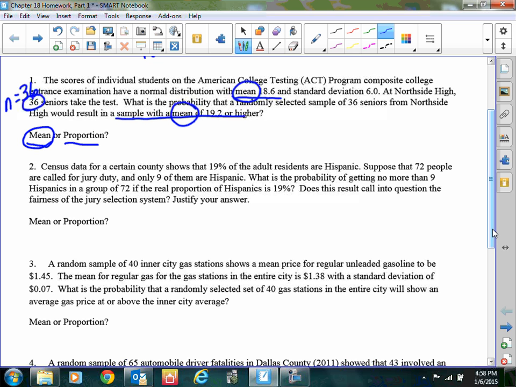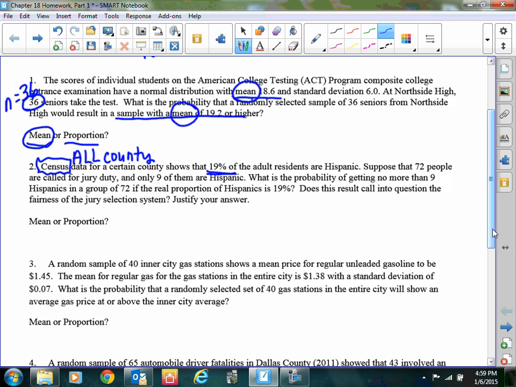Number 2 says, census data for a certain county shows that 19% of the adult residents are Hispanic. Now, I want you to notice that if we're talking census, we are talking the whole population was measured. So all of the county was measured.